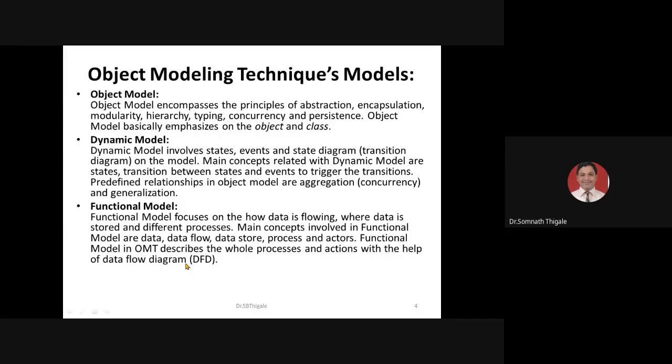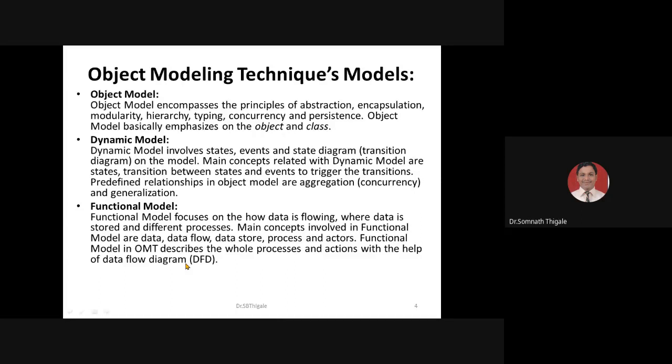Model is nothing but a collection of different diagrams, and a diagram represents a specific condition, a specific scenario or specific way of interactions. So a collection of the different diagrams we will call a model. Simply remember, model is equal to collection of diagrams.